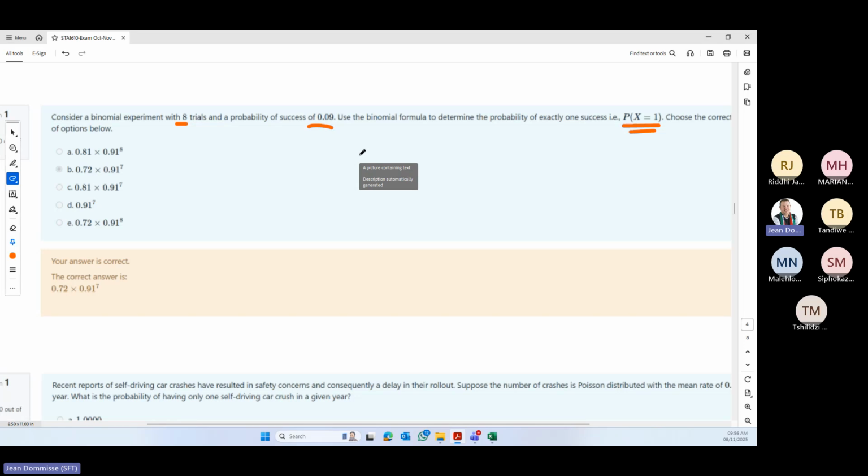What they're testing here is that you can use the formula and substitute values in it. So I will reshare that formula page again, because it is now some time back.